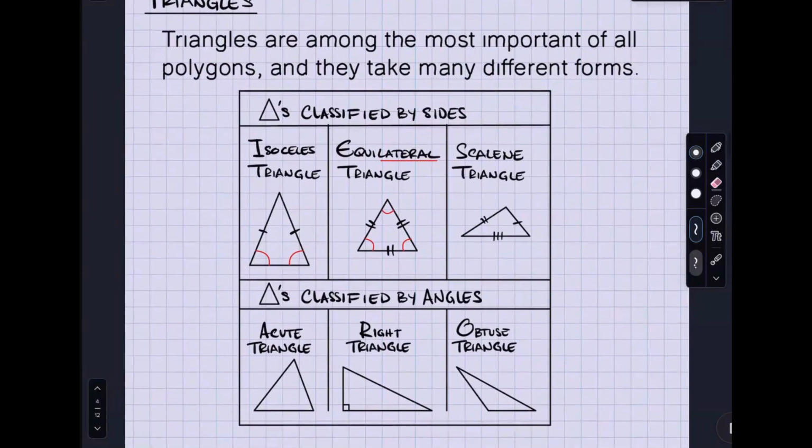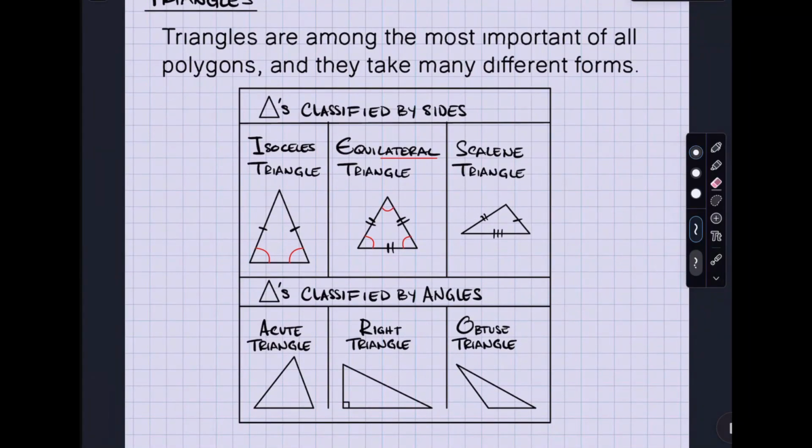With triangles, there's different way of classifying them, right? You can classify them by sides or by angles, right? So by sides, we have isosceles because the 2 sides are the same. Equilateral, since the word lateral means that all 3 sides are the same.